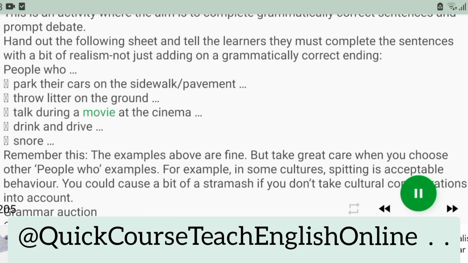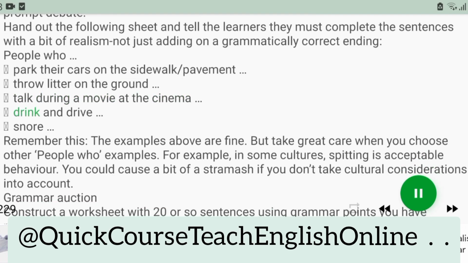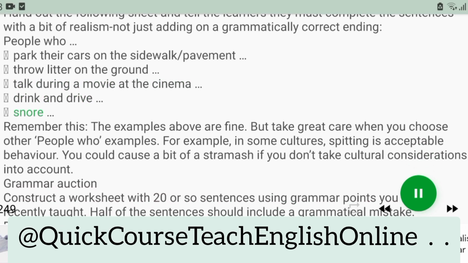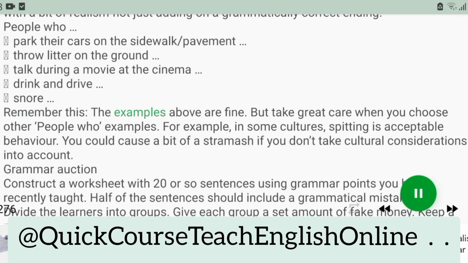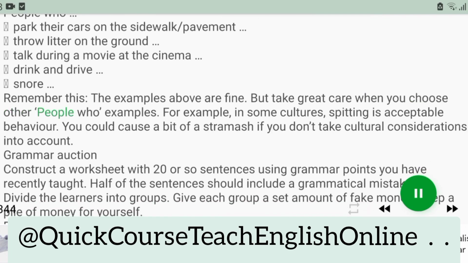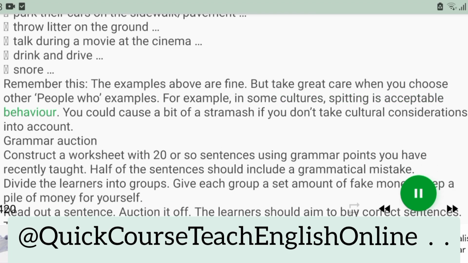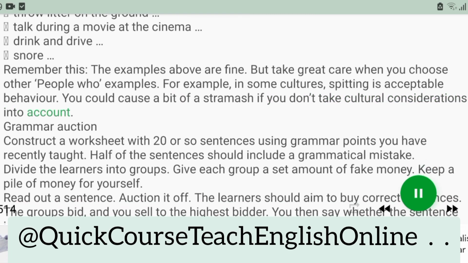Talk during a movie at the cinema. Drink and drive. Snore. Remember this, the examples above are fine. But take great care when you choose other, people who, examples. For example, in some cultures, spitting is acceptable behavior. You could cause a bit of a stramash if you don't take cultural considerations into account.